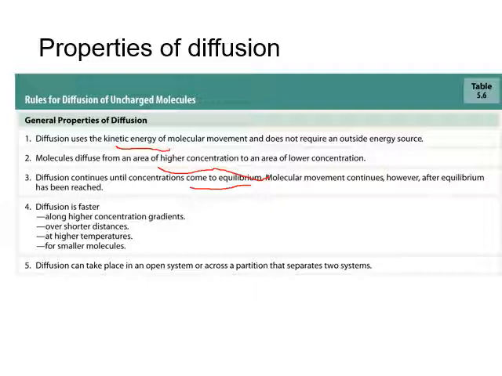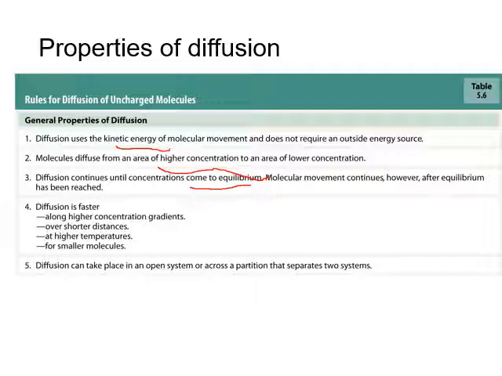So if there's a 3 molar solution versus 0 molar, the molecules are going to move faster. But what if there's a solution with 2 and you put it next to a solution with 1? There's only a difference from 2 to 1, the concentration difference is smaller, and therefore the molecules won't move as fast.